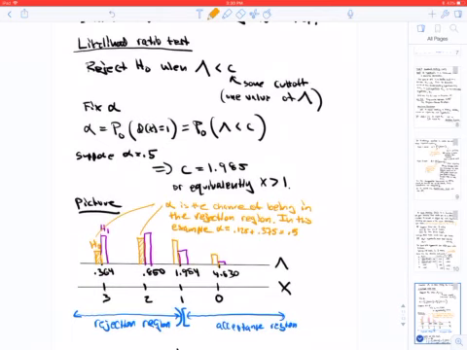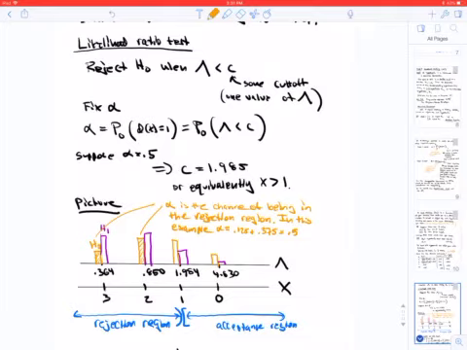How do you find that cutoff C? Well, you use alpha. So we fix our type 1 error alpha. Again, alpha is the probability that you reject a null when the null is true. Rejecting the null means that lambda is less than C.